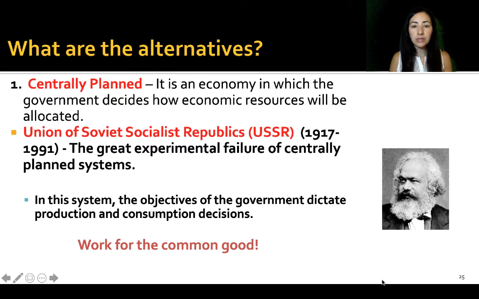So back to our centrally planned economy. If we look at the USSR, the Soviet Union, this was a great experimental failure of the centrally planned market system. This started in 1917 and went to 1991. In this type of system, the objective of the government dictates production and consumption decisions across the board. The idea behind this system was that you work for the common good.